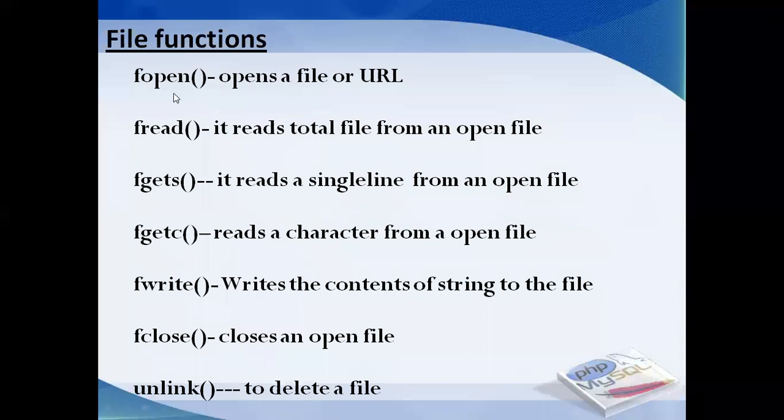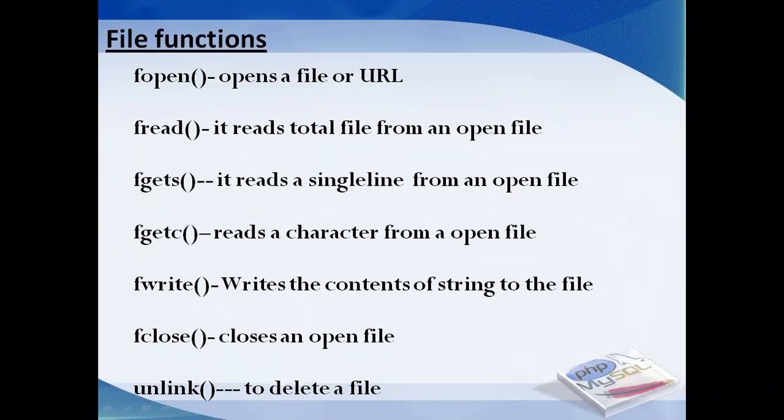The fopen function is used to open a file. The fread function is used to read the total file data. Coming to the fgets function, it is used to read a single line from a file.